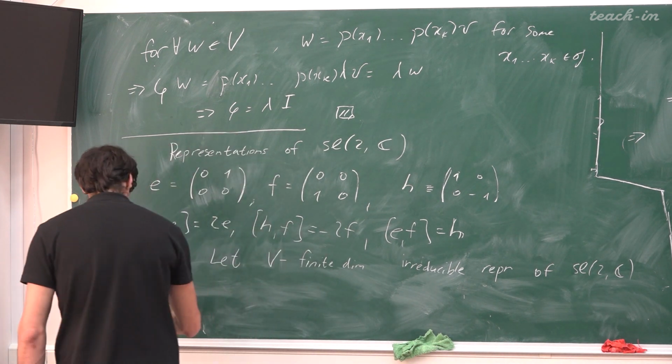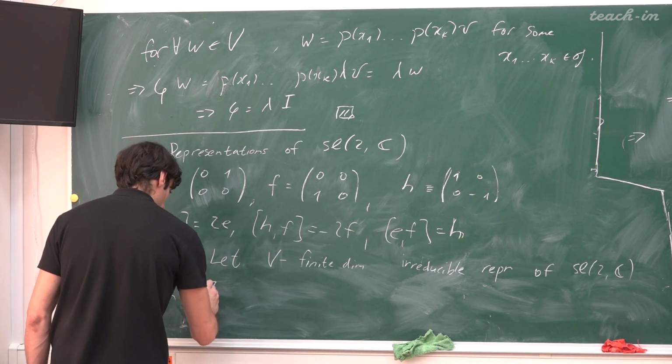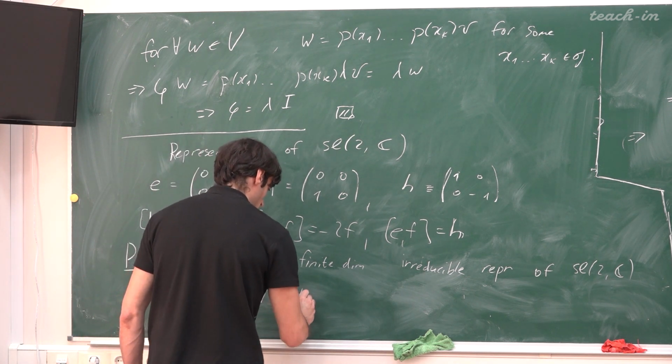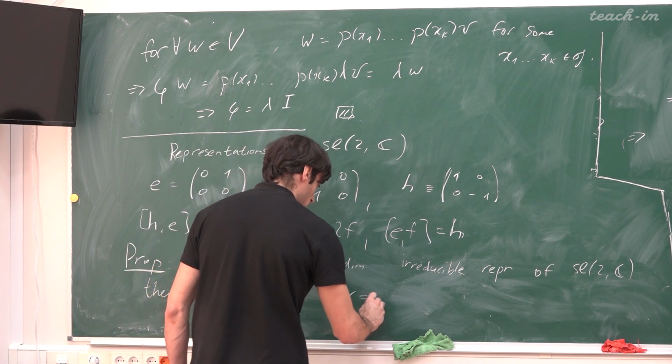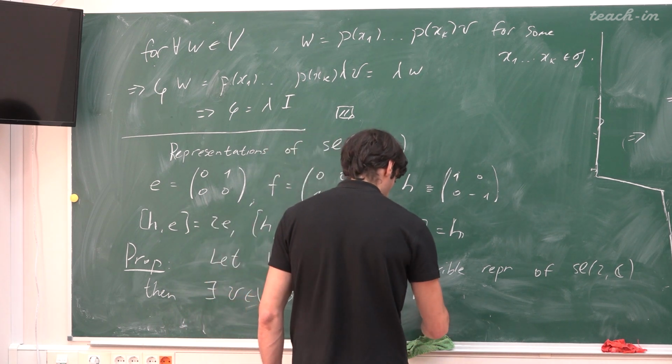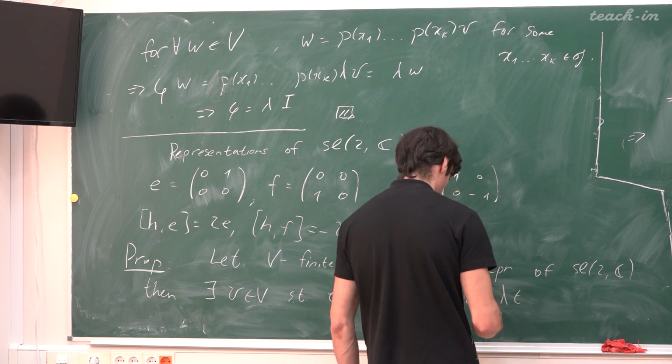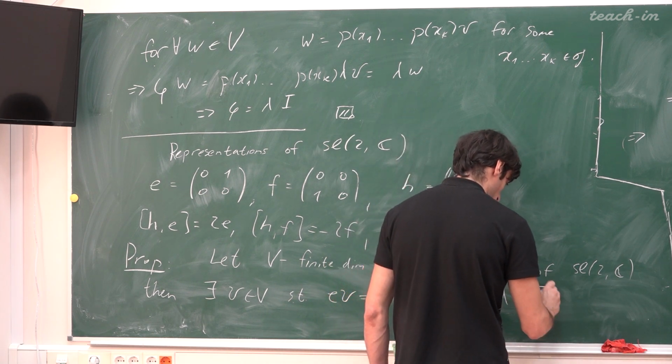Maybe I don't even need irreducibility for this proposition. Then there exists a vector v in V such that Ev is 0 and Hv is lambda v, where lambda is a non-negative integer.